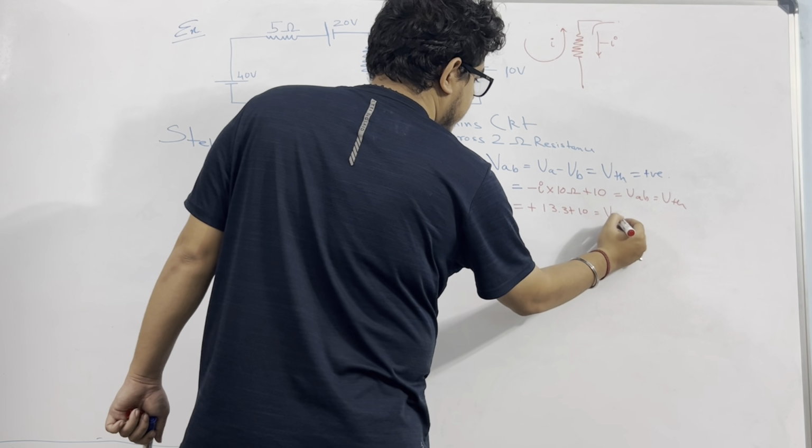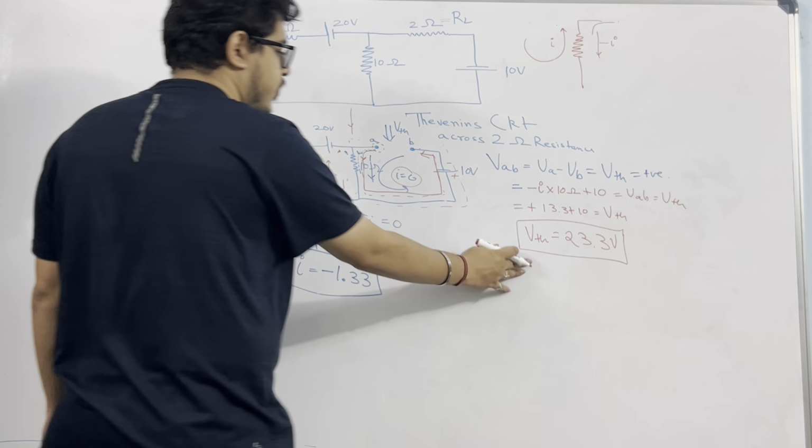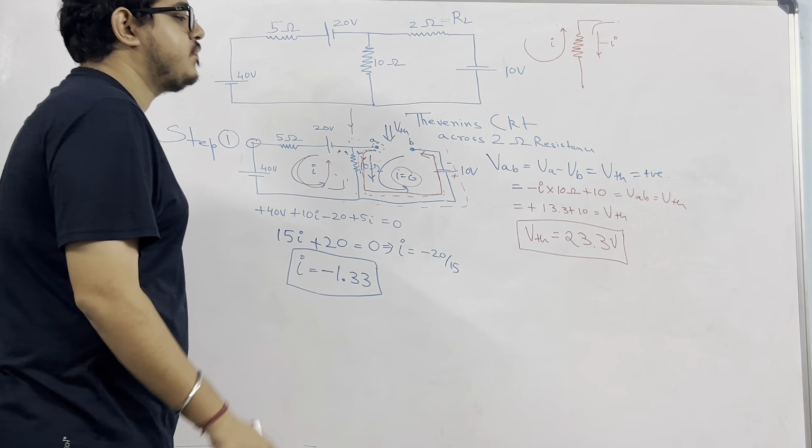VTH will be equal to 23.3 volts. So VTH I got. Now I want to find the RTH.